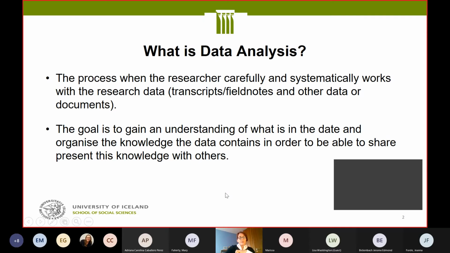But the goal of the data analysis is to understand what is in the data, and to help organize the knowledge that the data contains, so that you can share it with others. Because that's what you have to do as a PhD student.